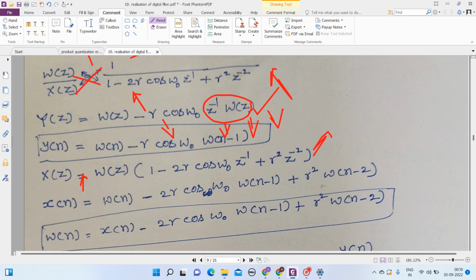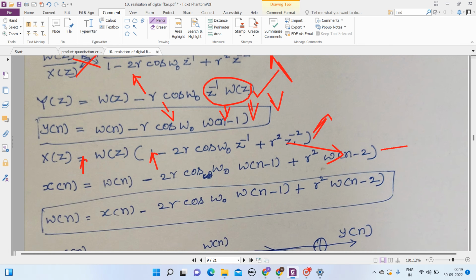As I said before, x of n is equal to w of n minus 2r cos omega naught w of n minus 1 plus r square w of n minus 2. Just again you have to rearrange this equation like this. Here w of n is my output, and the remaining terms are my input.